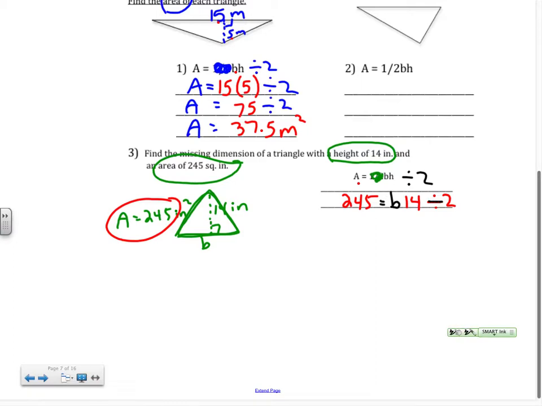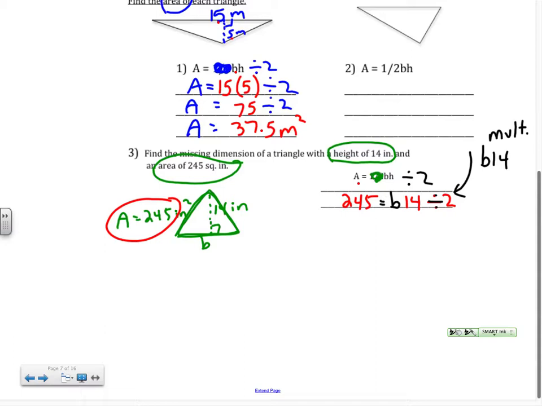So let's see what we have to do here. If you notice, this side of the equal sign has 2 operations. B times 14 is a multiplication problem. We have to multiply 14 by whatever the base is. That's what we have to find out. So what we can do to start this is to work backwards.